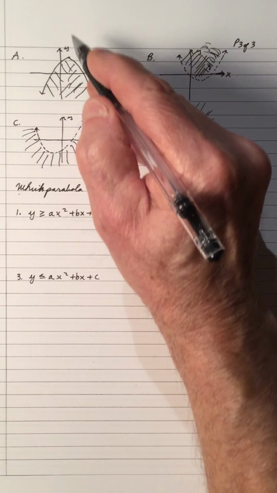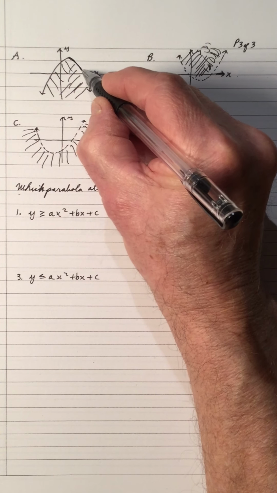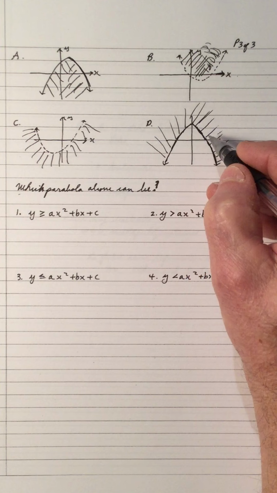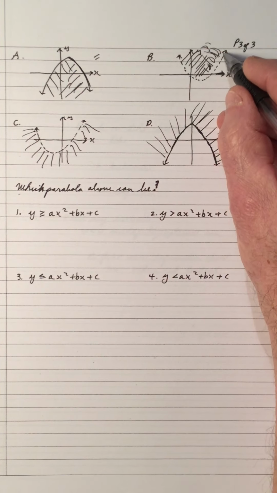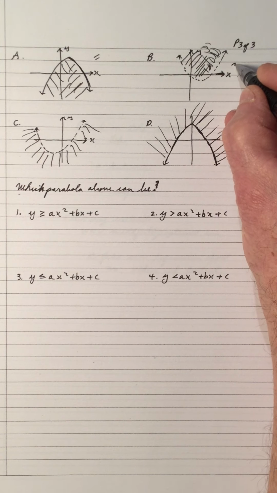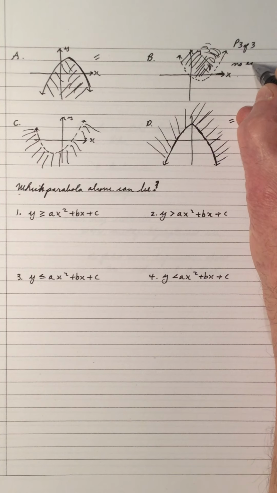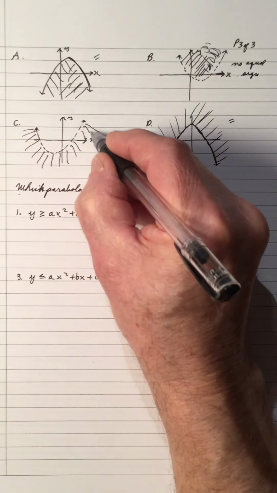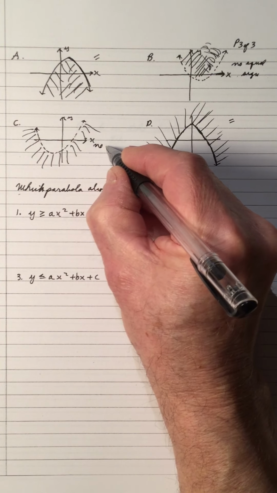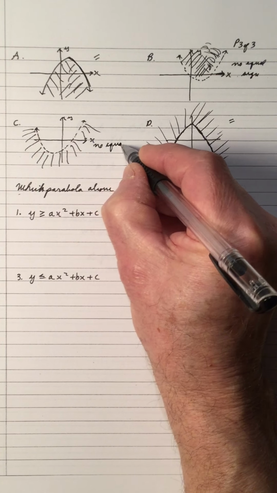So the solid boundary lines, which are this one and this one, have the equal sign. This is broken, so there's no equal sign. This one is broken, so there's no equal sign.